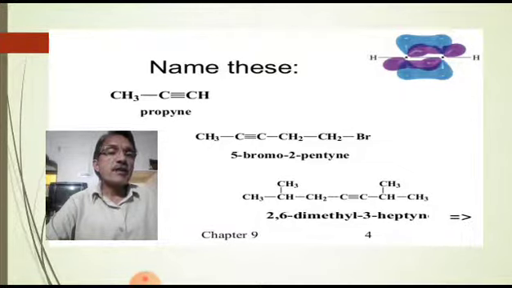So when we number from right to left, the third carbon gets the carbon-carbon triple bond, the second carbon has a methyl group, and the sixth carbon has also got a methyl group. Since two methyl groups are present, therefore 2,6-dimethyl-3-heptyne or 2,6-dimethylhept-3-yne.